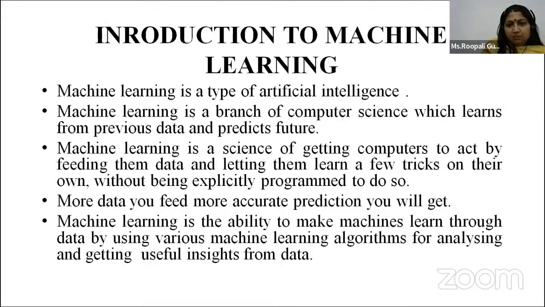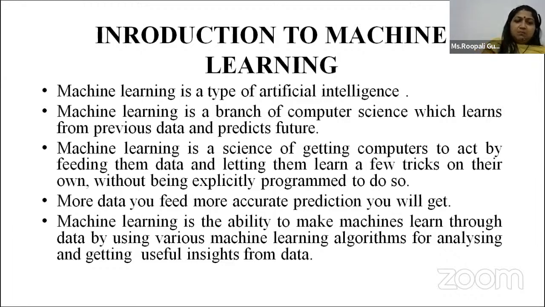As human beings, everyone knows that the more we read, the more we study, the more accurate we are. In the same way, machines are more accurate if we feed more data, because from the data they predict something, they learn something, and they get some fruitful results out of it.